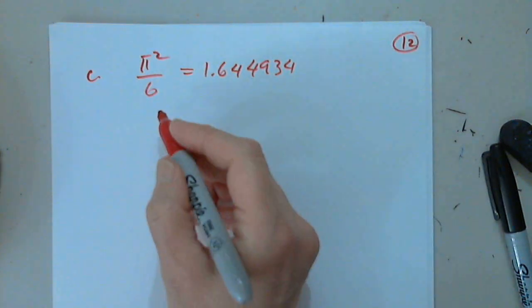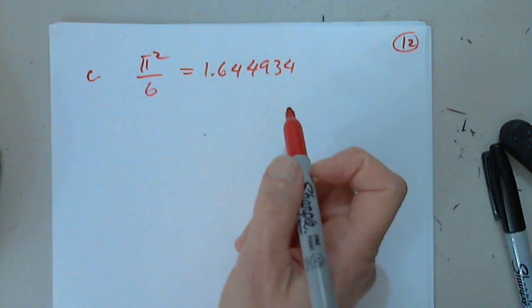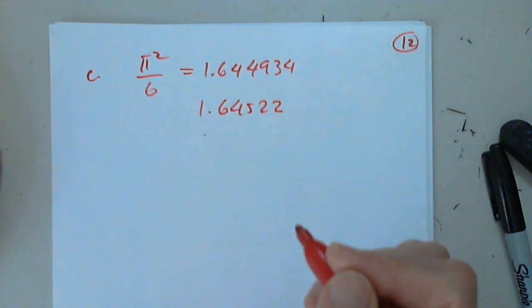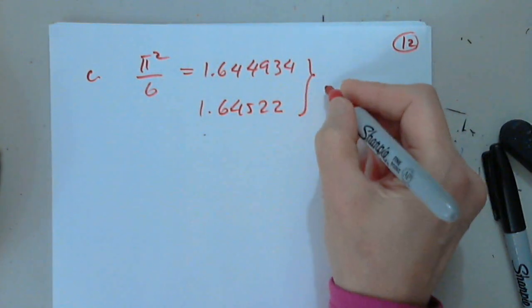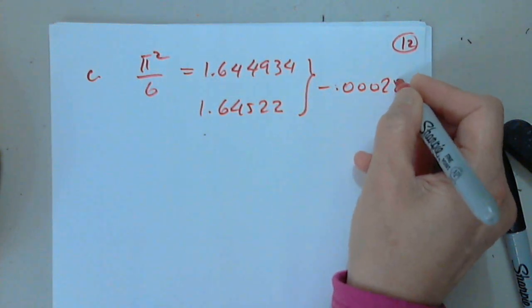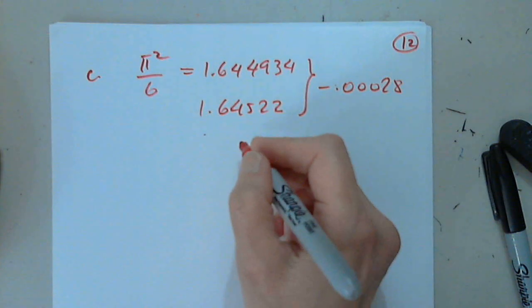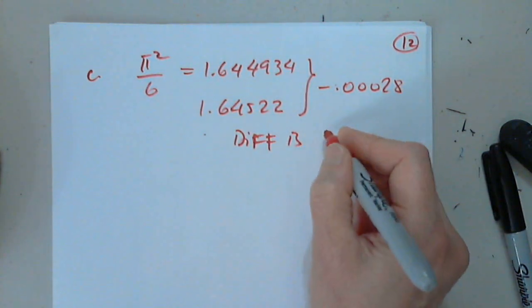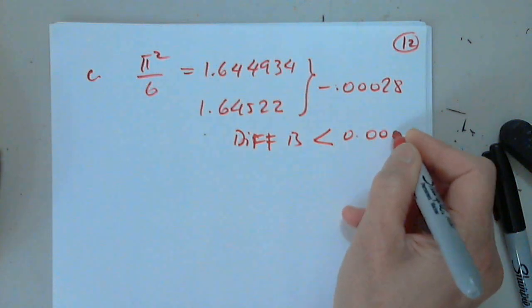What we got was 1.64522. When you subtract these two, you get negative 0.00028 such and such. So obviously the difference is less than 0.0003.